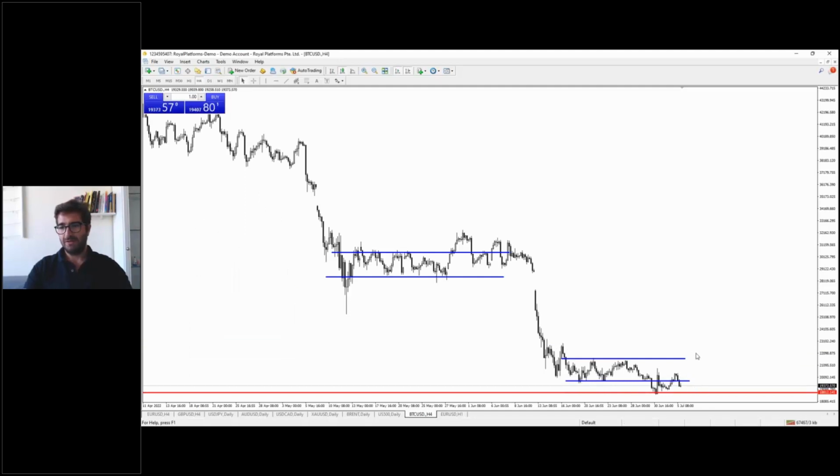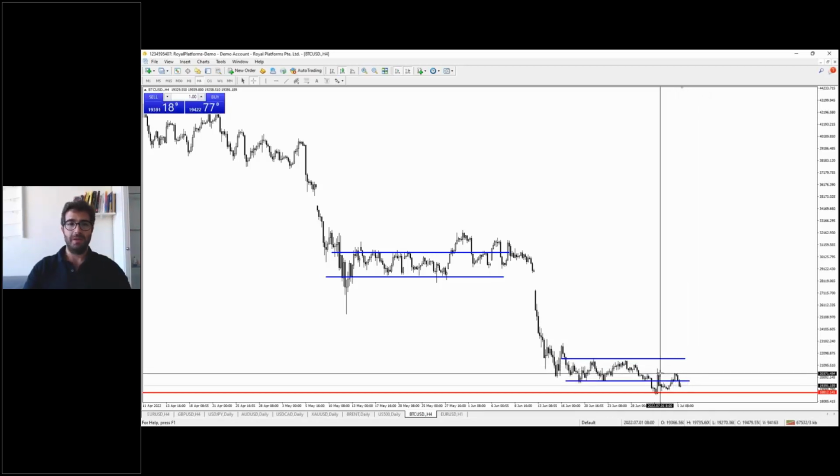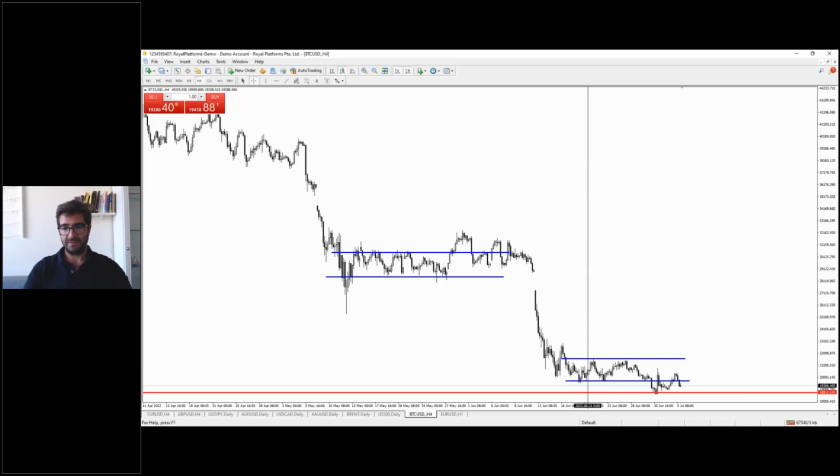Most probably a range continuing between those boundaries, the support and resistance, which are 19K and 21K. So the market could bounce between these for another one or two weeks before seeing a breakout either to the upside or to the downside.